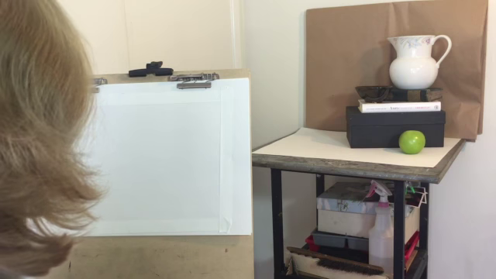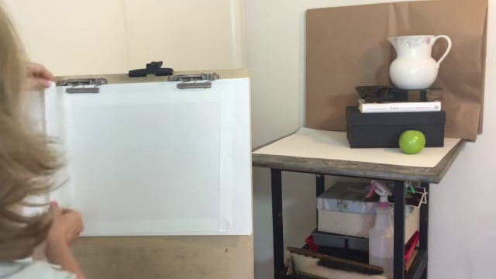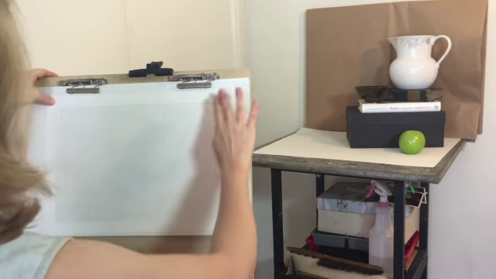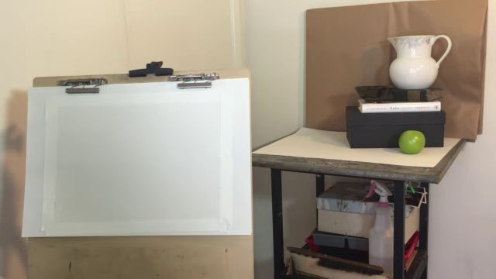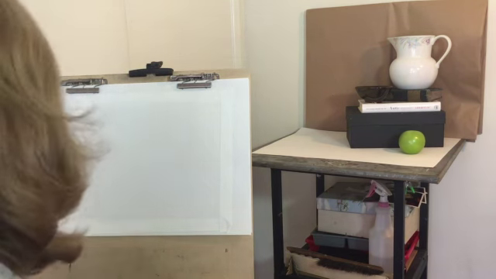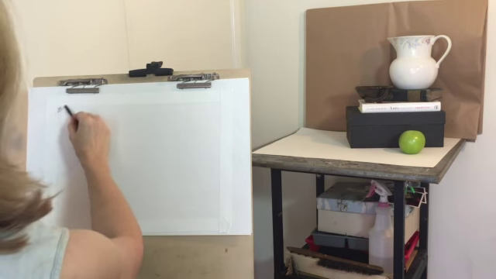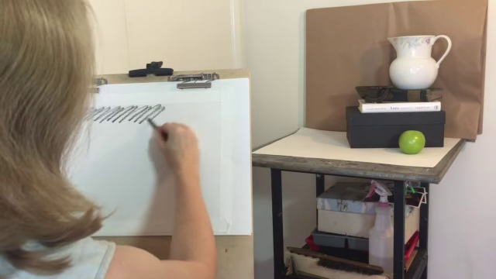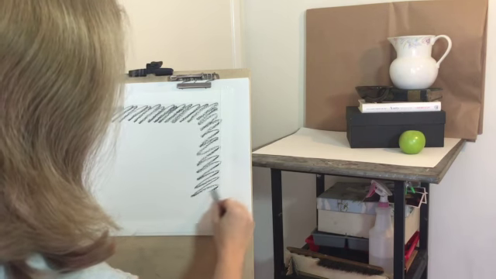You will need your vine charcoal and a paper towel. Okay, so the same way you toned your paper for your positive and negative shape drawings, we're going to tone our paper again using our vine charcoal, trying to get a nice medium value.